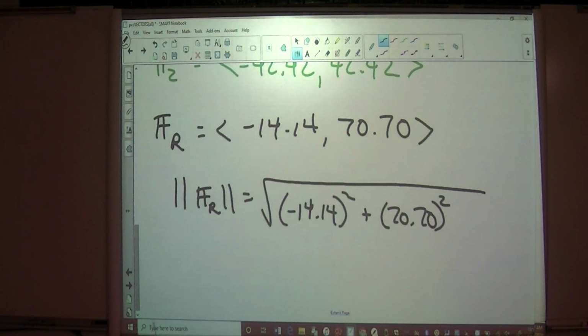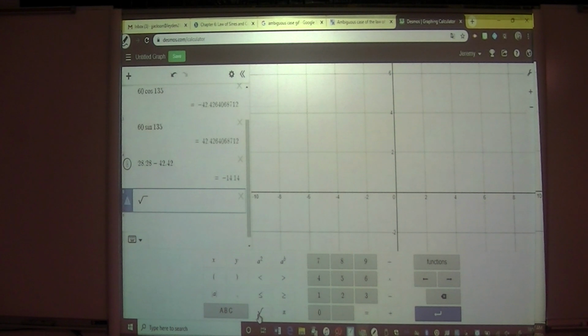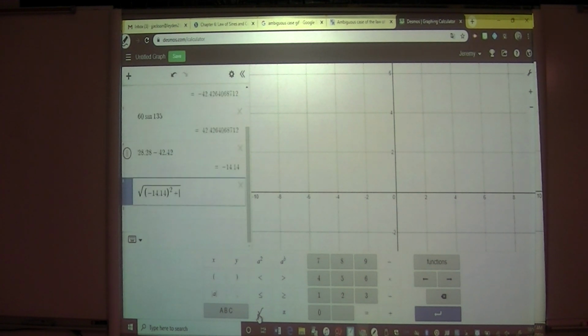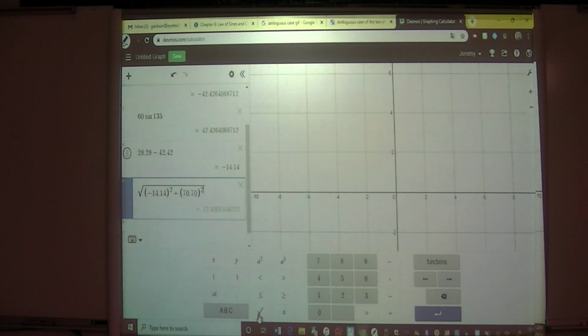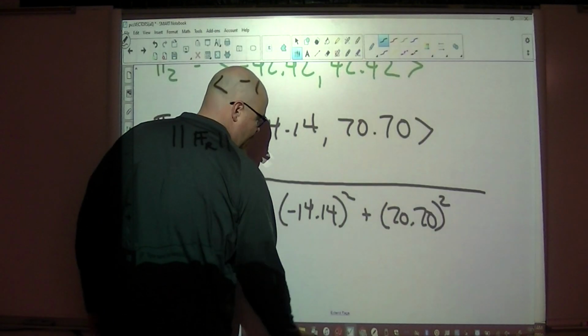Back to Desmos again. So we're going to take the square root of negative 14, squared plus 70.70, 7.7 really, squared. We get 72.10. 72.10, this is our magnitude.